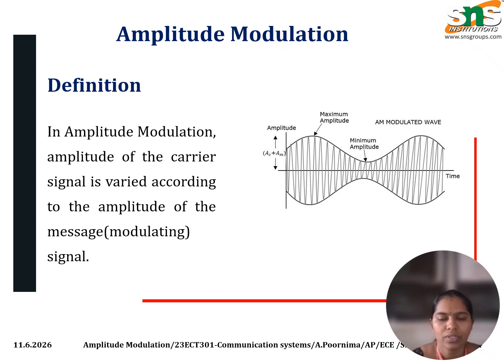So in this graph, you can see an amplitude modulated wave, that is the output of the modulator. Here you can see it has a high frequency, and the amplitude of this wave follows the envelope of the input modulating signal.